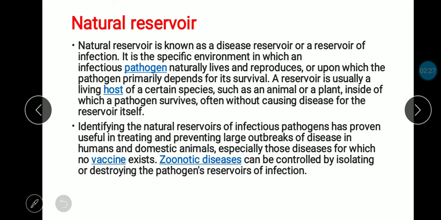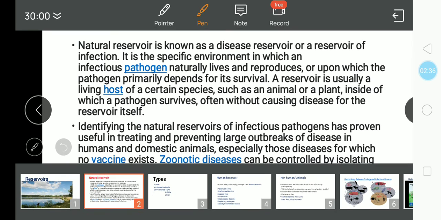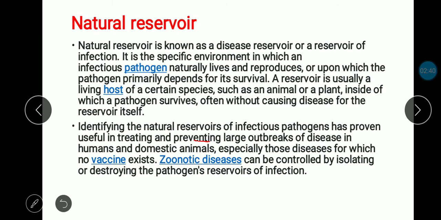Identifying the natural reservoirs of infectious pathogens has proven useful in treating and preventing the large outbreaks of diseases in humans and domestic animals, especially those diseases for which vaccines are not available.